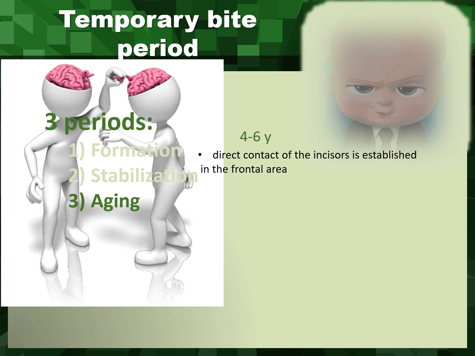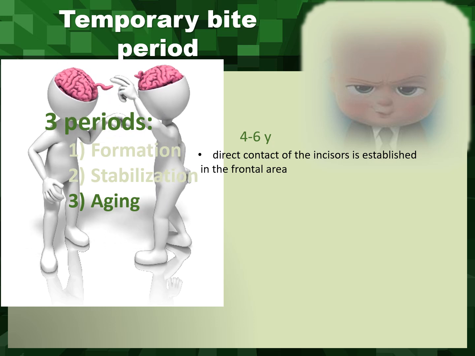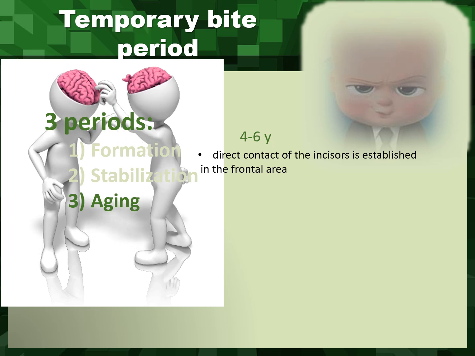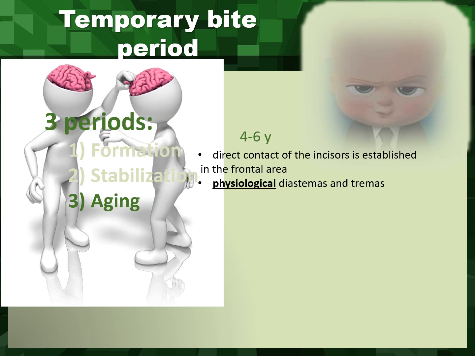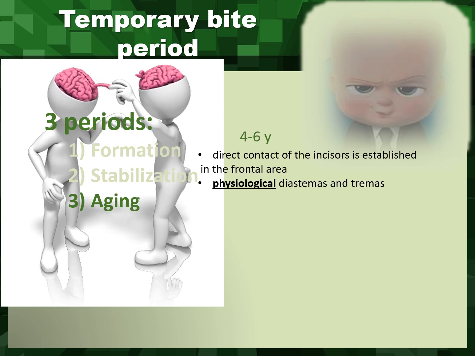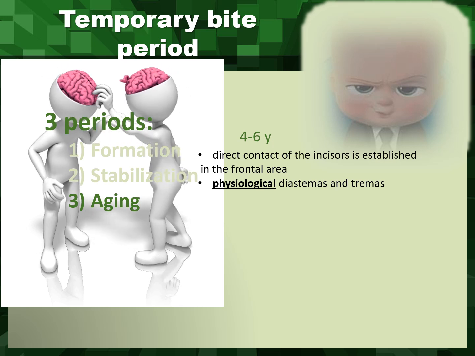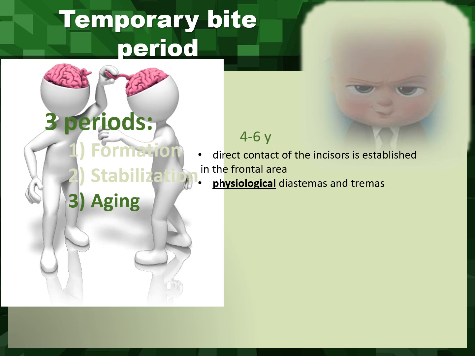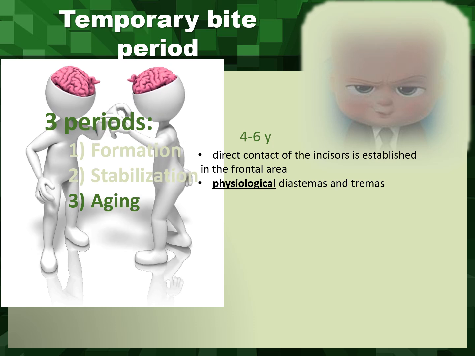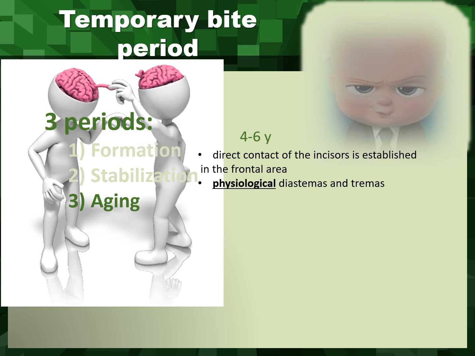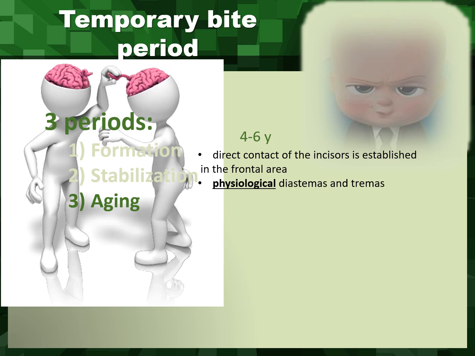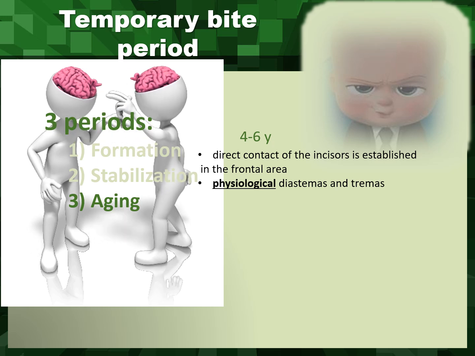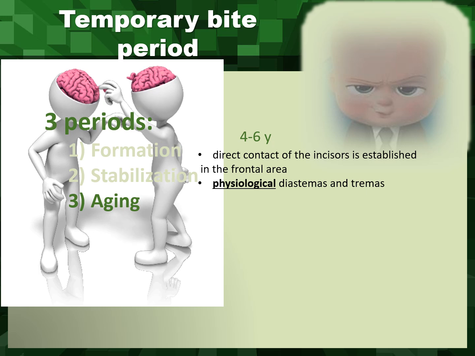Direct contact of the incisors is established in the frontal area. We will observe three physiological features. First one, physiological diastemas and tremors, gaps between teeth in one dental row.